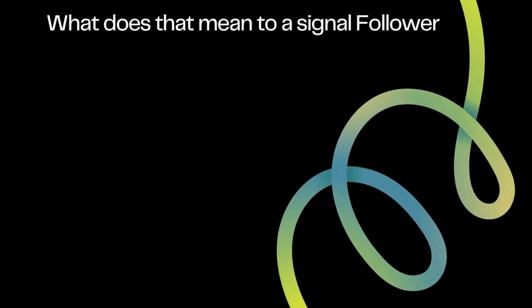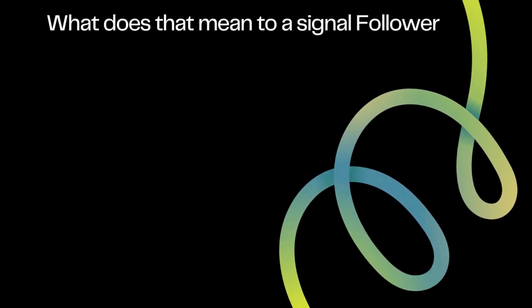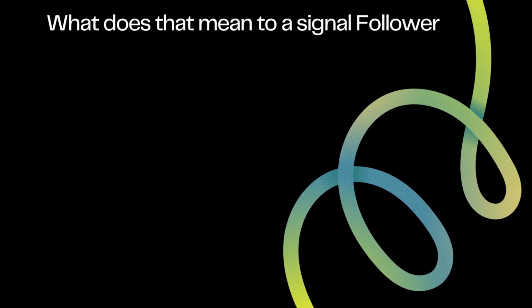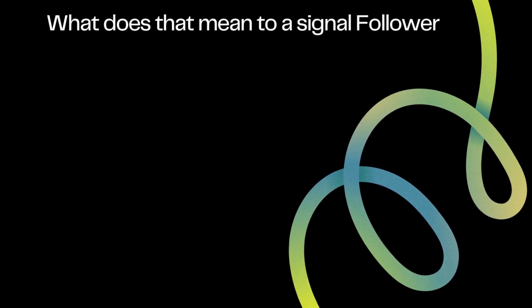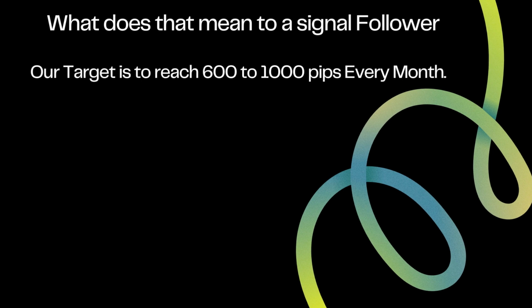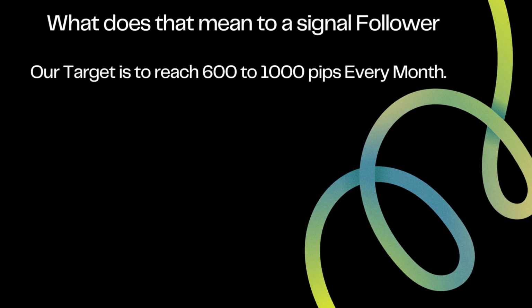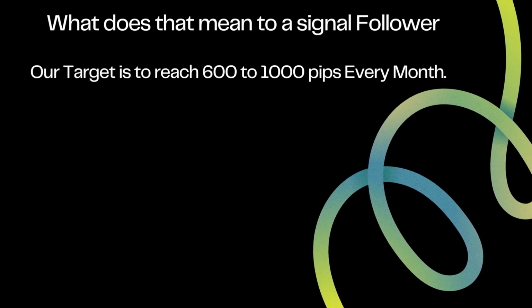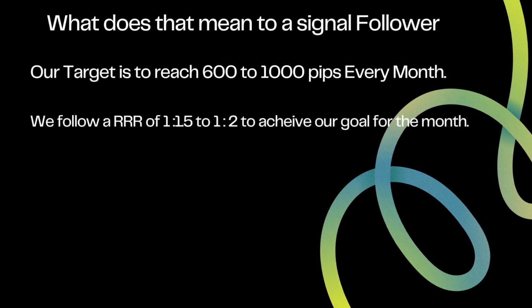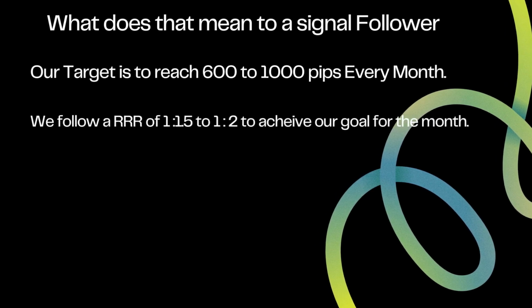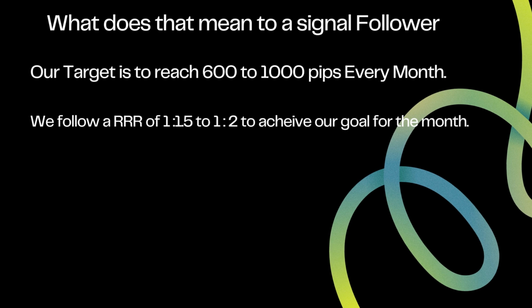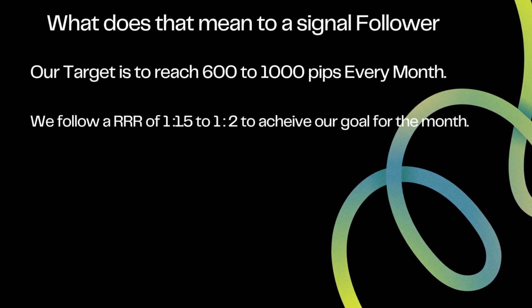Now, what does that mean to a signal follower? What is the difference it makes? Our target is to achieve 600 to 1000 pips every month, and we follow a risk reward ratio of 1:1.5 to 1:2 to achieve our goal for the month.